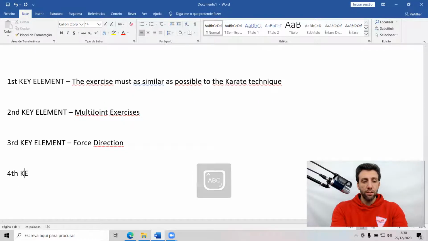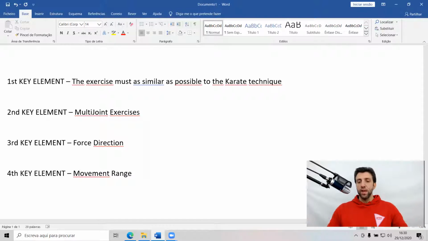Well, let's go to the fourth key element: movement range. If we're talking about more generic exercise as the squat or the lunge, for example, it's always a good strategy to give your neuromuscular system, your central nervous system, more resources.